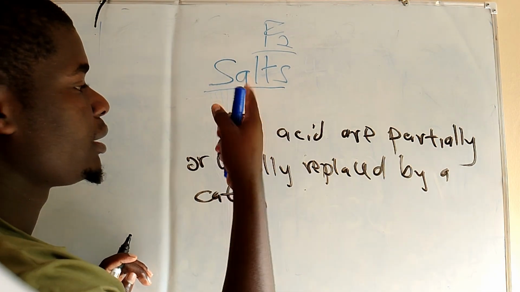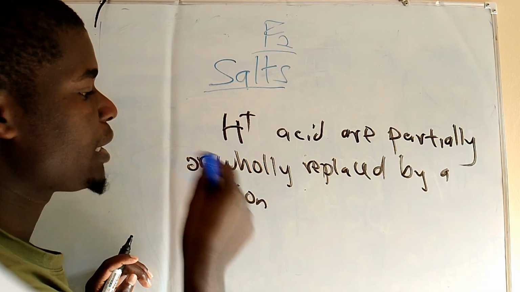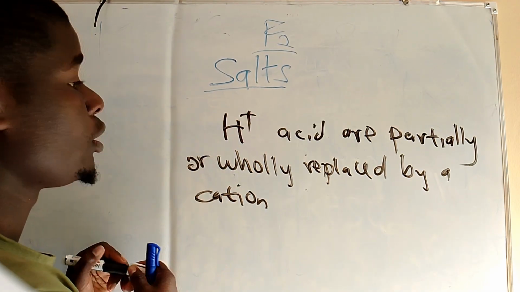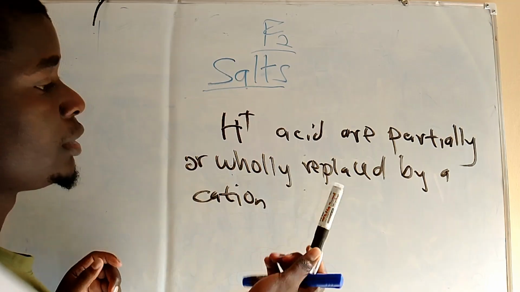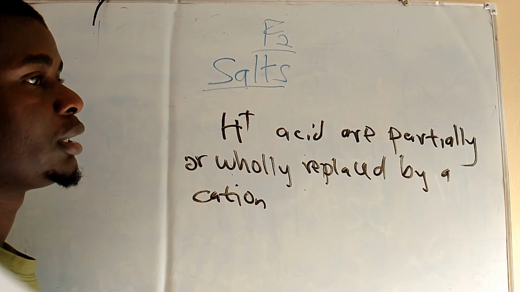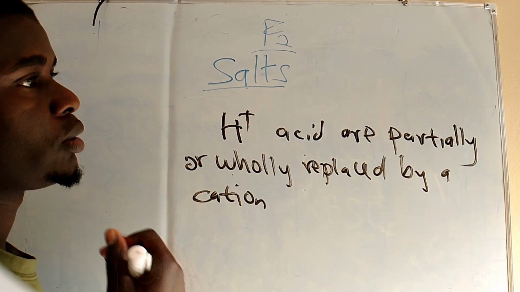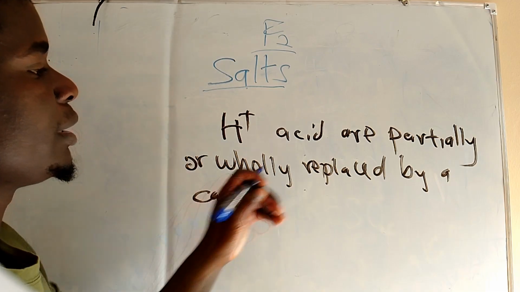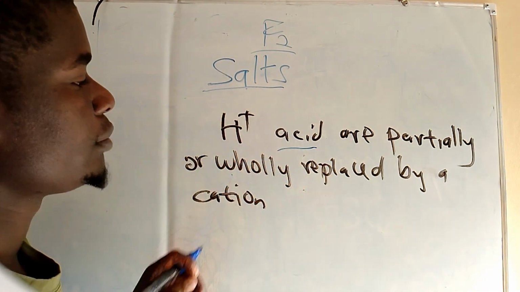So when the hydrogen ions have been partially replaced or wholly replaced by a cation, they form a substance which we call a salt. Remember, these hydrogen ions are from the acid.